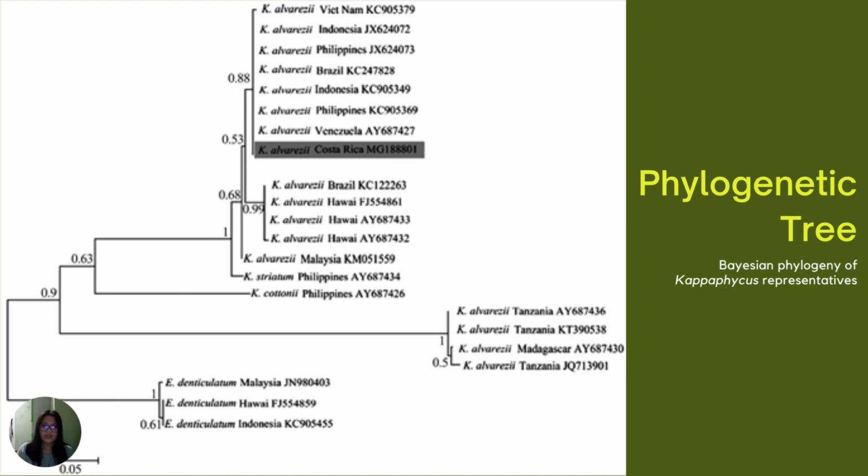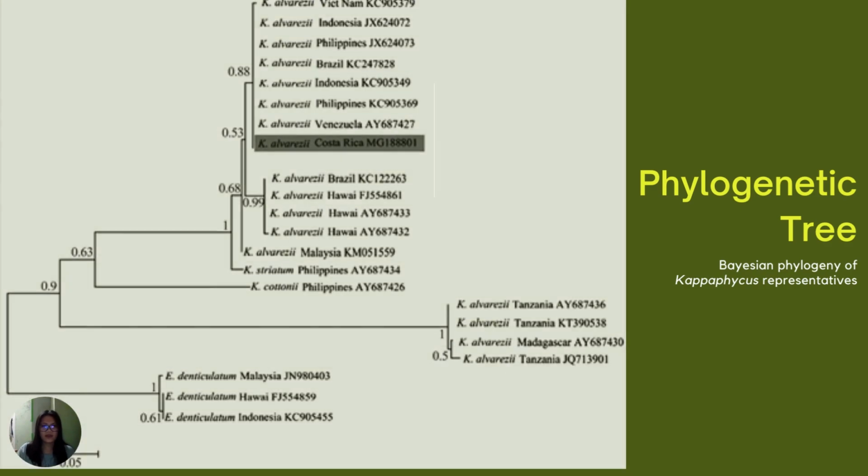The strains from Malaysia, Hawaii, and the Philippines were clustered together in a sister clade, while those from Madagascar and Tanzania were put together in a basal clade. The presence of the highlighted Kappaphycus alvarezii from Costa Rica indicates that the collected sample has little variance from specimens from Vietnam, Indonesia, the Philippines, Brazil, and Venezuela.